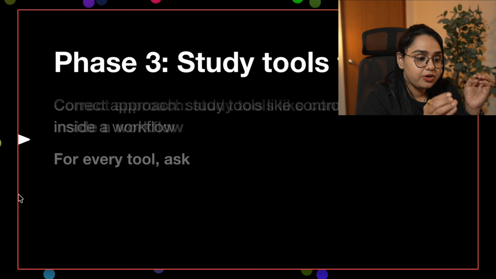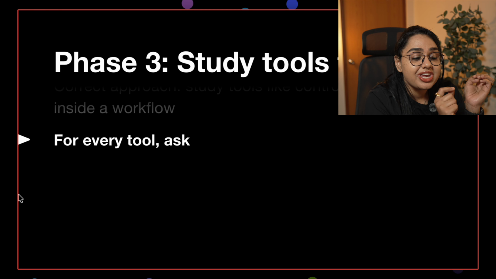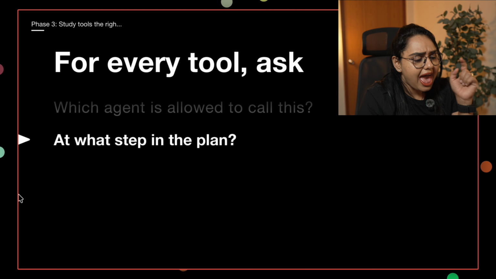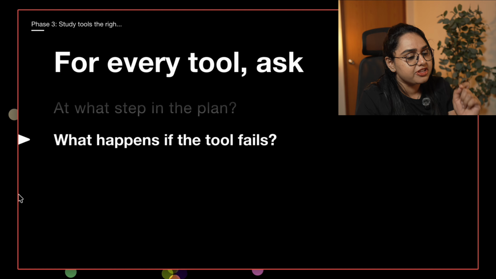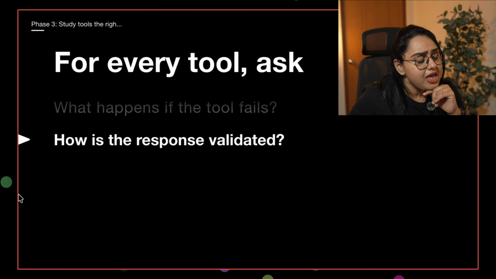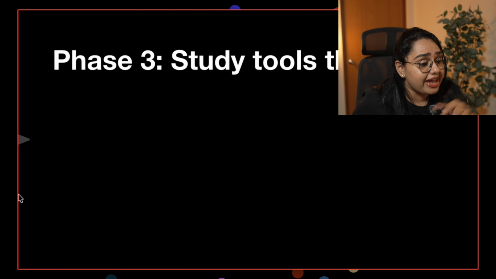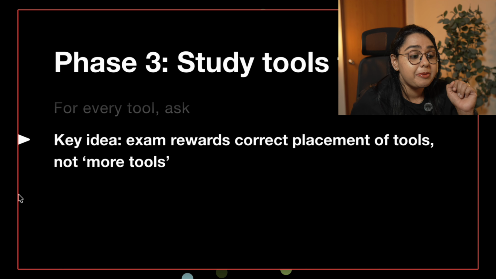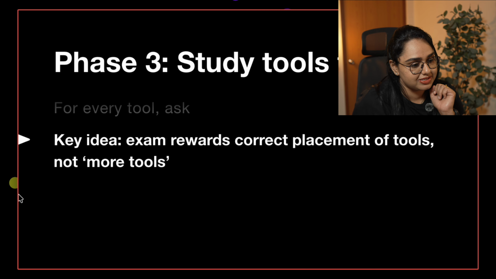For every tool, ask which agent is allowed to call this, at what step in the plan, what happens if the tool fails, and how is the response validated. So, NCP-AAI does not reward more tools, but it rewards correct placement of tools. Remember this, it rewards correct placement of tools.